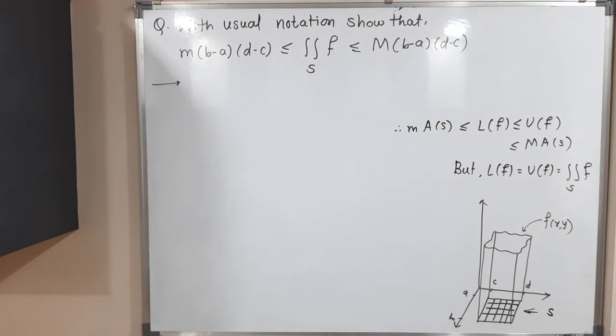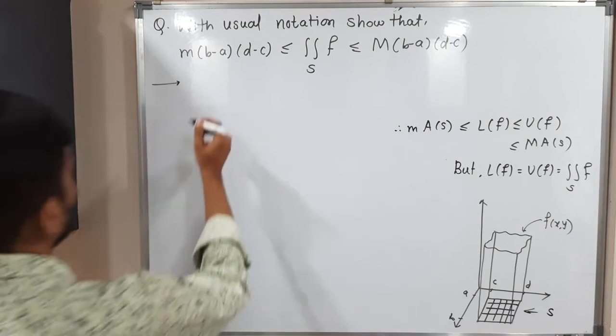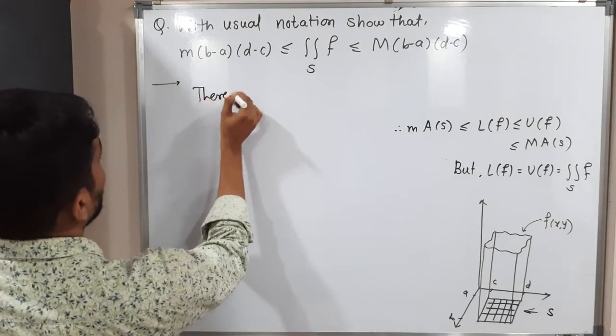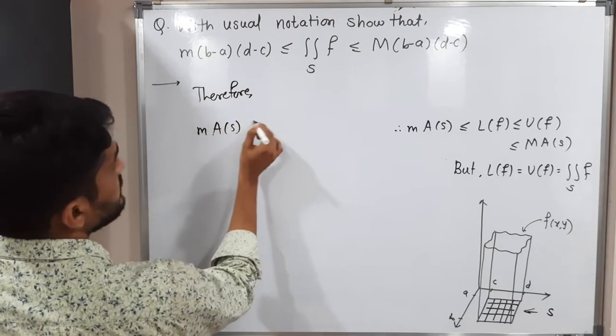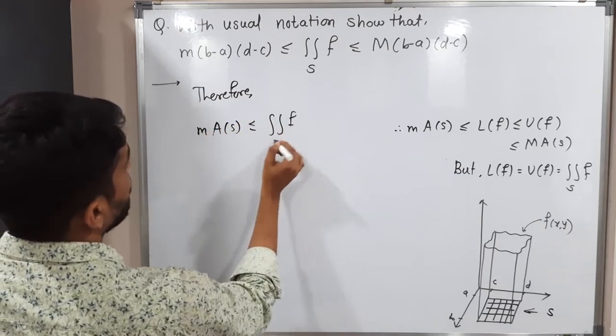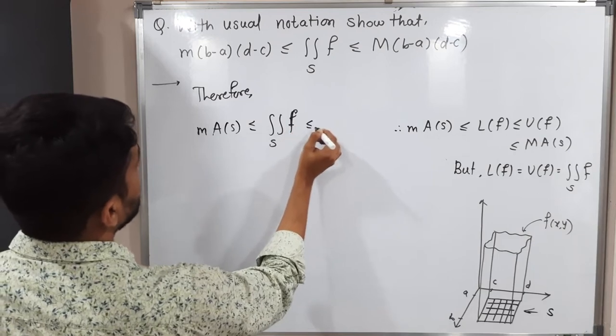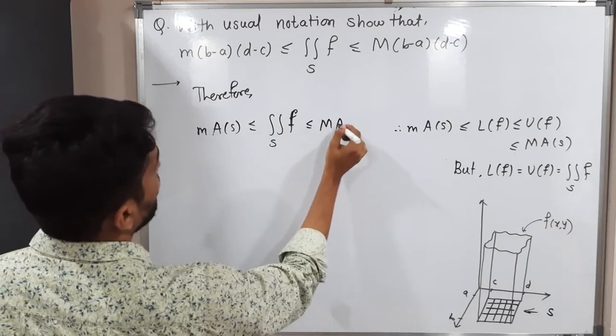So what will be our conclusion? m area of S is less than or equal to the double integral of f over S, right? This is less than or equal to capital M area of S.